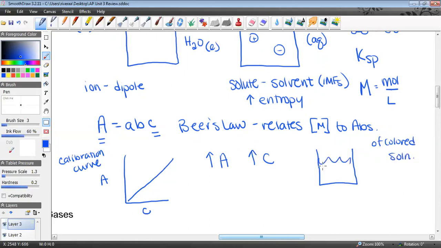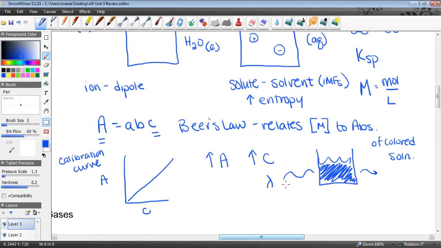Right, so if I have this colored solution here, and I pick a wavelength of light to pass through it, the colorimeter can actually measure how much light gets transmitted. And the inverse of how much light gets transmitted is how much light got absorbed by the solution. So the darker in color this solution is, the more light gets absorbed.